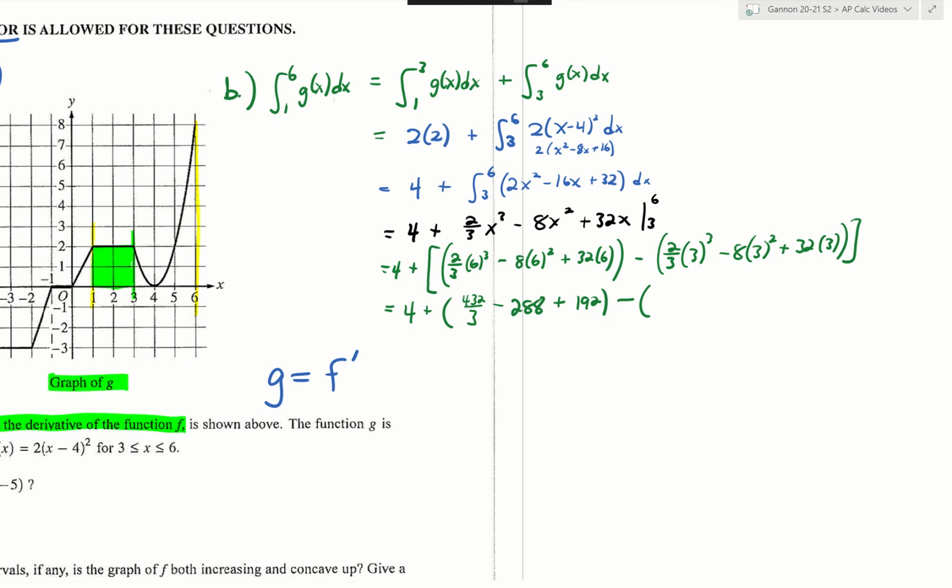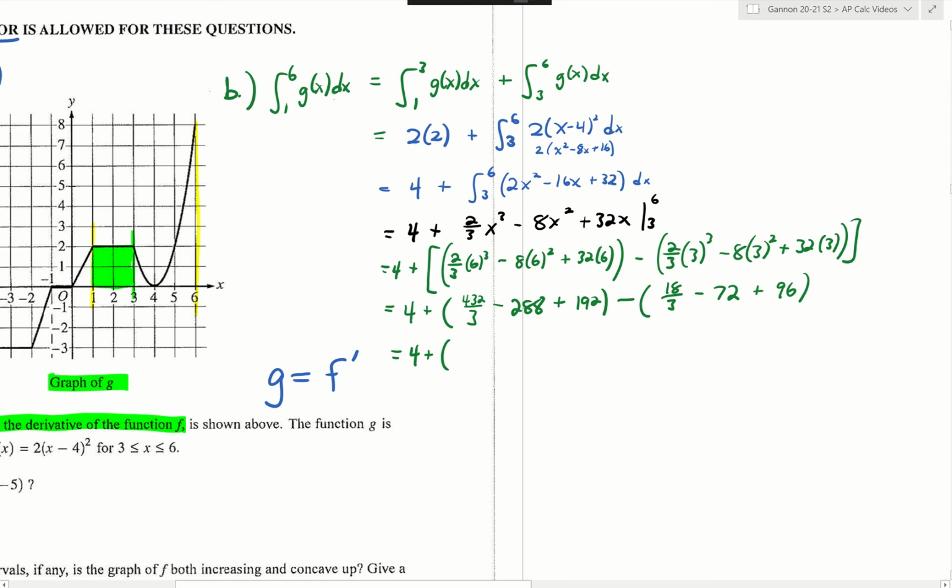All right, and then you've got, let's see, 3 cubed, that's 9, so that's going to be 18/3 minus 3 squared is 9, so 72 plus 96. All right, and then let's just kind of see what comes out of all of this. All right, so this is 432/3, that's 144.